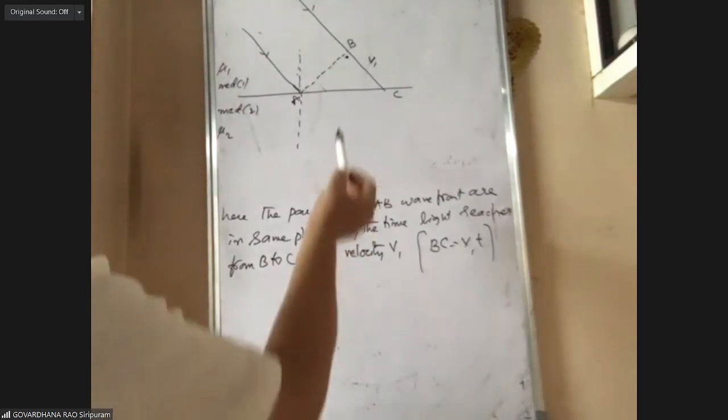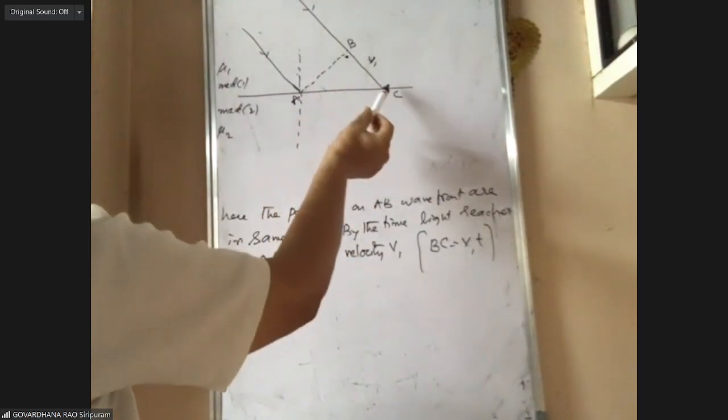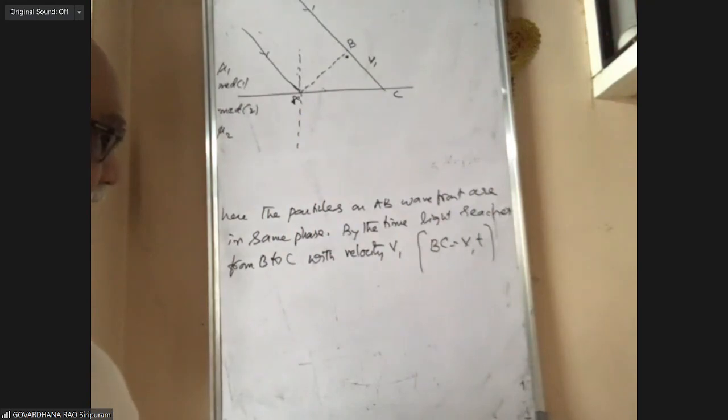So in what time does the light reach from B to C? T seconds. So BC equal to V1 into T. Okay. Reaches from B to C.